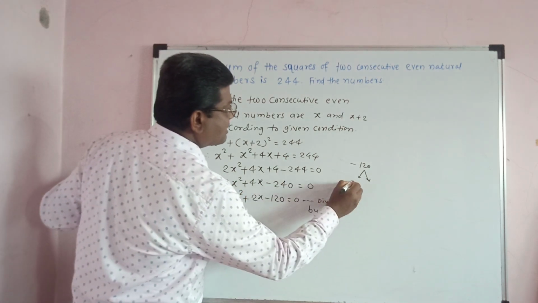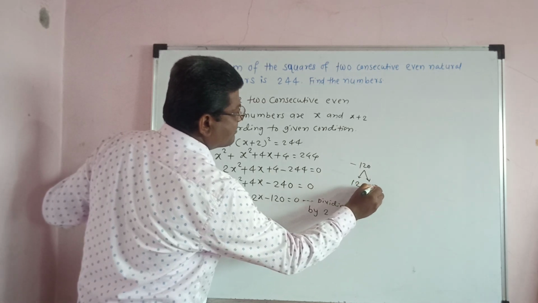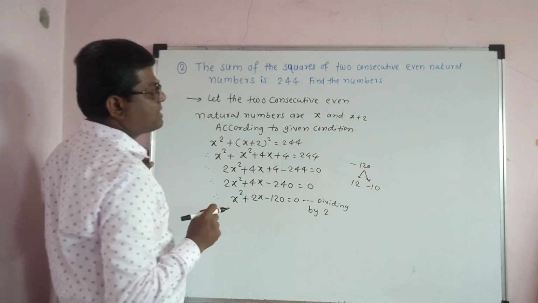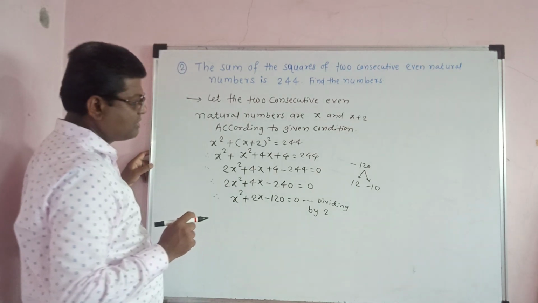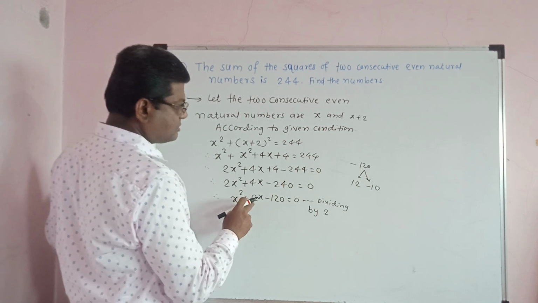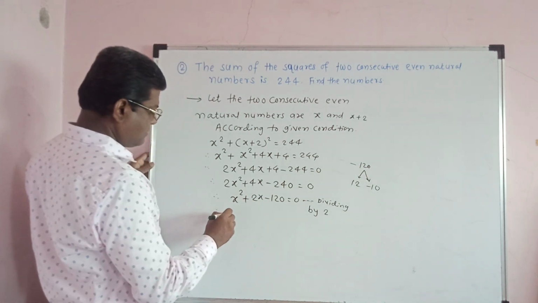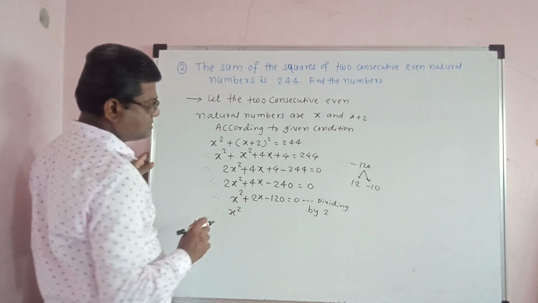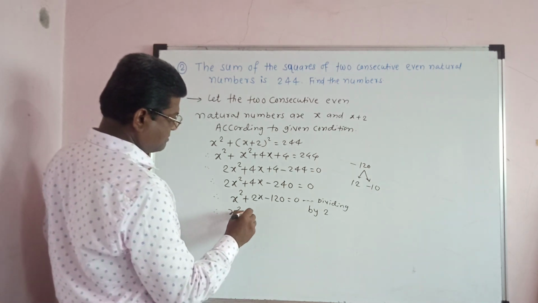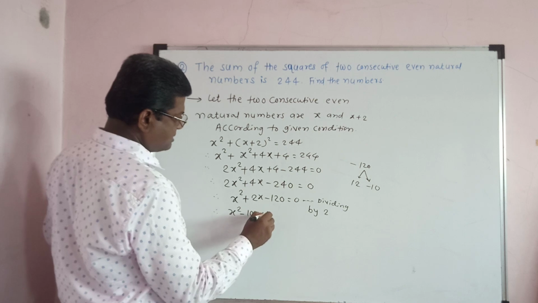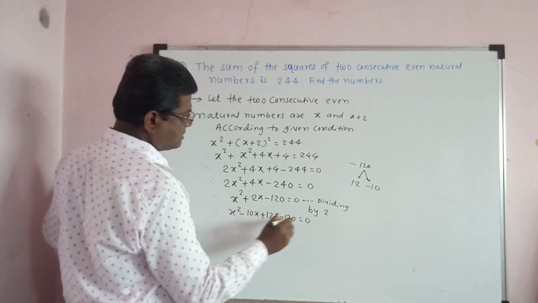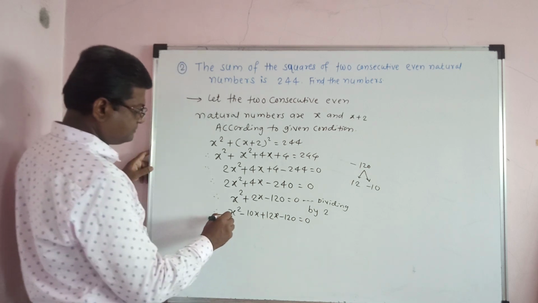So the numbers are 12 and minus 10. 12 into minus 10 will be minus 120, and 12 minus 10 will be 2. Therefore, we write this term 2x as minus 10x plus 12x, minus 120 is equal to 0.